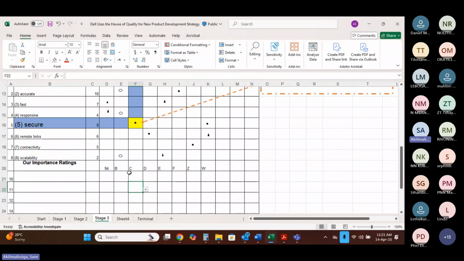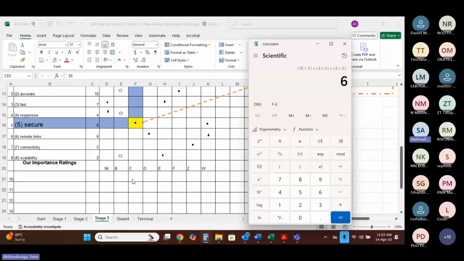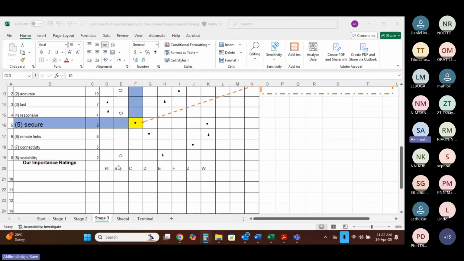Here we're going to have between brackets 10 times 3, plus 4 times 3, plus 2 times 3, and the total gives us 48. So here we have 48.